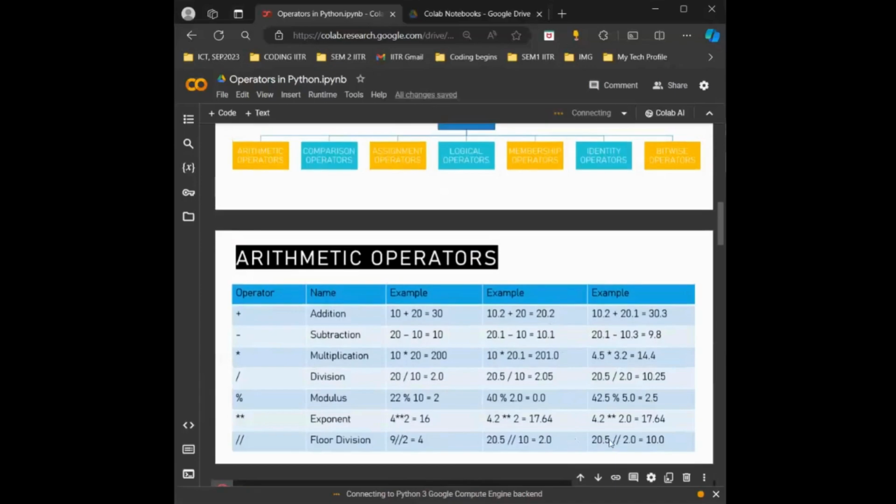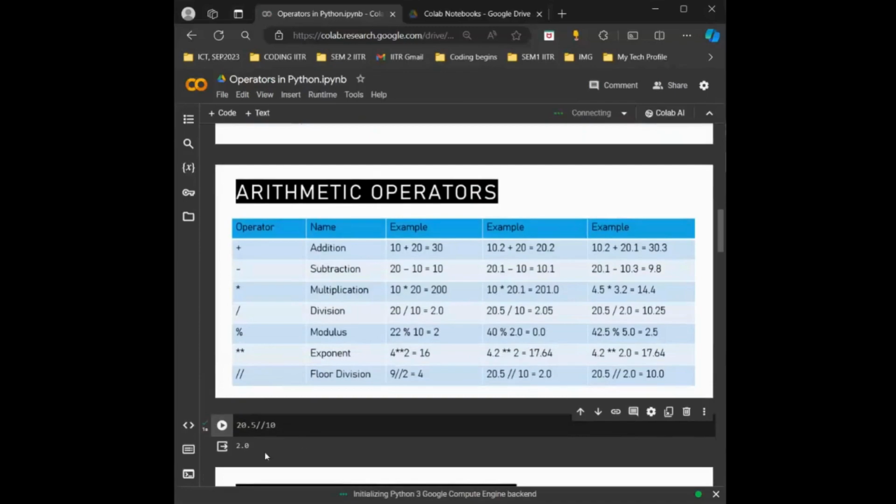And in the last case, 20.5 divided by 2.0, the result we are getting is 10.0. So here you can see 2.05 was replaced by 2.0.